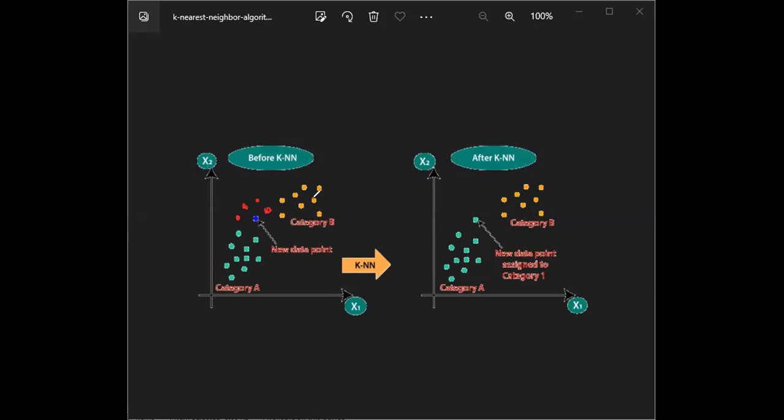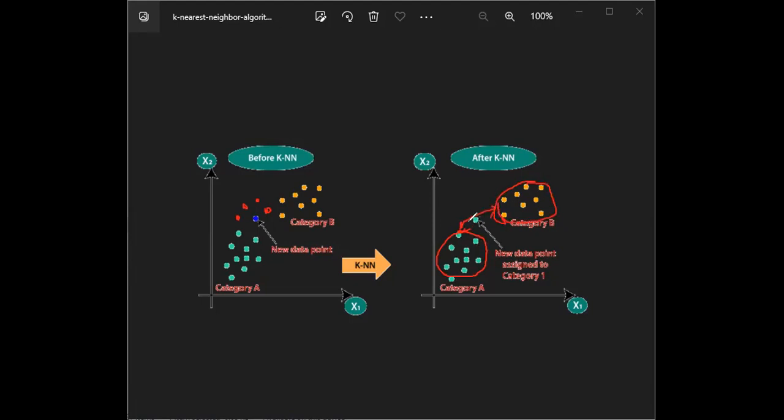So here we use our K nearest neighbor. As the name suggests, it will check the distance. If this is your first category, and if this is your second category, it will check which data set is near.